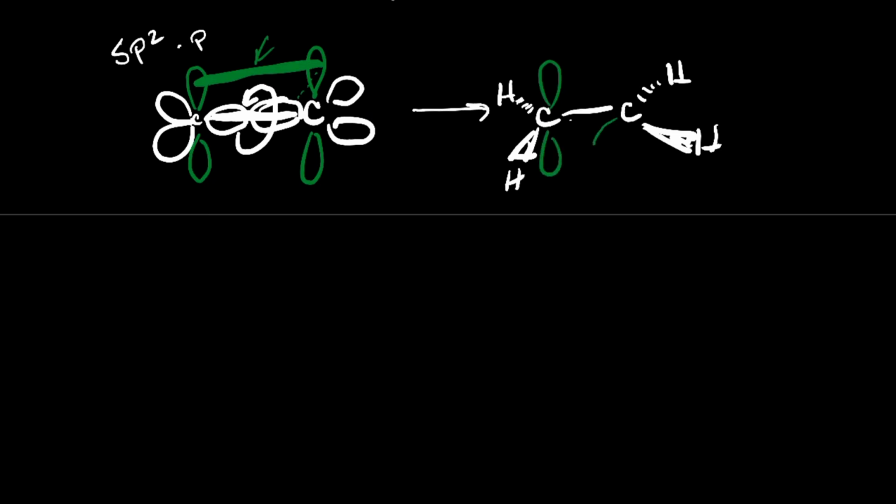So there's no rotation around a pi bond. So that is a pretty big difference between sp2 and sp3 bonding mechanisms, okay?